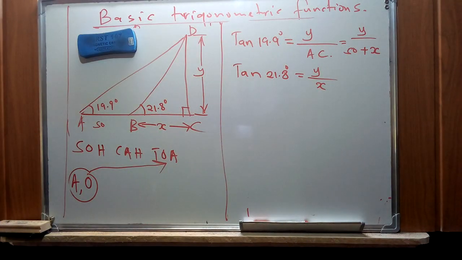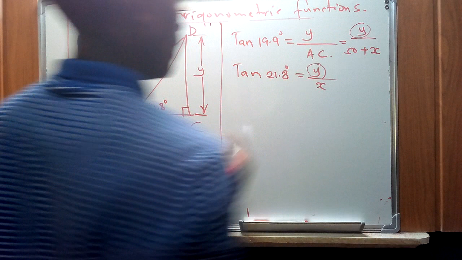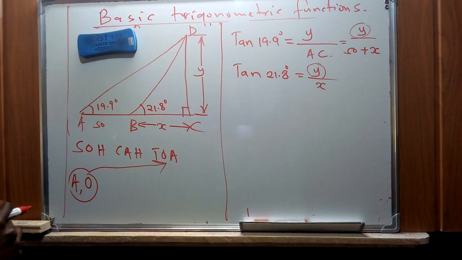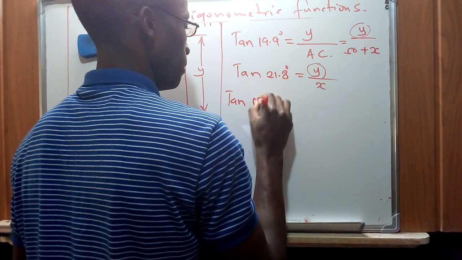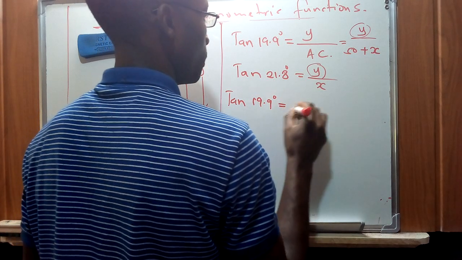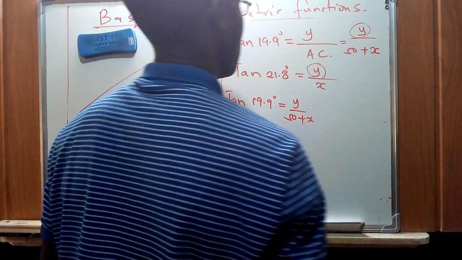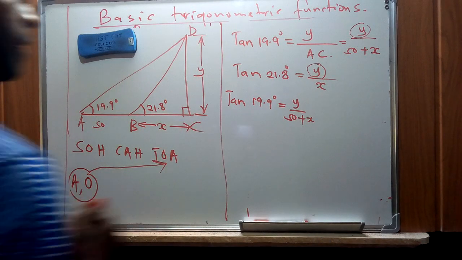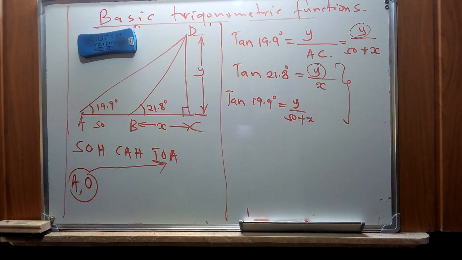So given that for the two we have obtained a similar quantity that we can solve for, therefore we can say the tan 19.9 equals y over 50 plus x. We're going to use the two relationships and try to find a common subject that we can use to relate the other quantities.